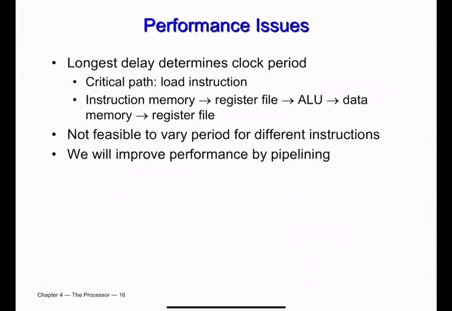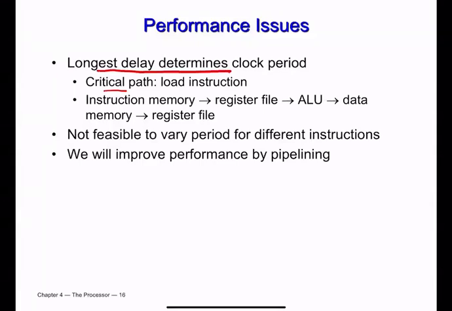So then we need to think more about the implementation and how we can choose our clock period, or what the clock frequency is in this case. First of all, in order to know that, I have to calculate the critical path, which is the longest delay in my design.